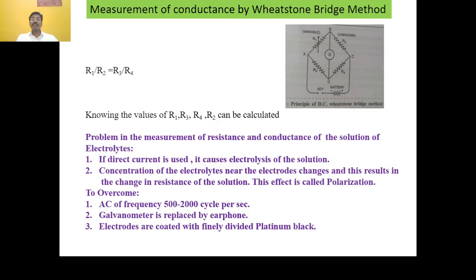Means when we use DC current, electrolysis of the electrolytic solution takes place, and the concentration near the electrode changes. As the concentration near the electrode changes, the resistance of the solution gets changed, and this effect is called polarization.